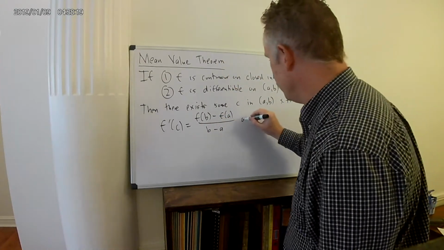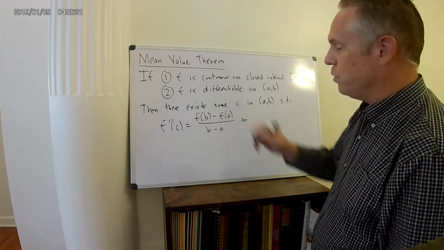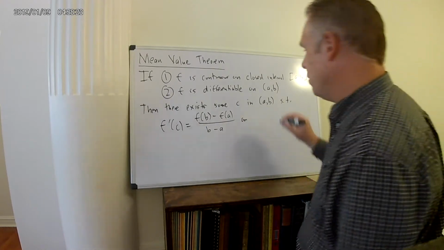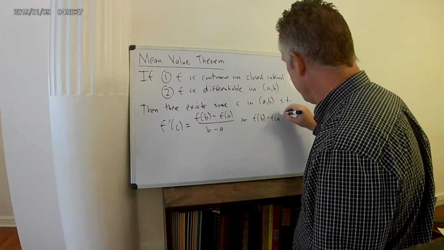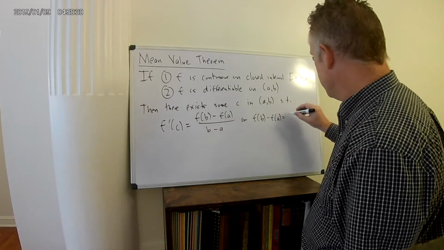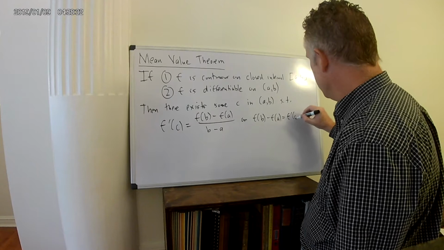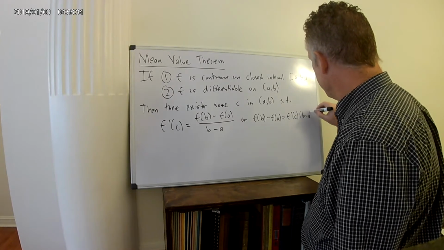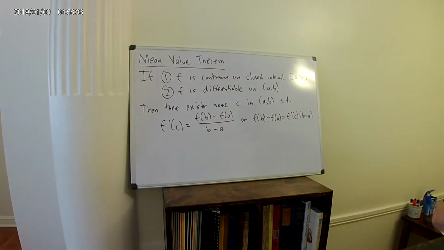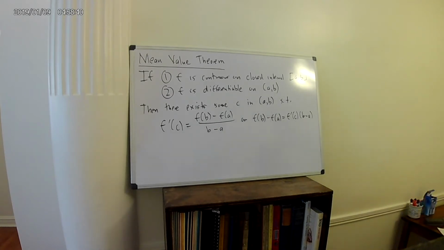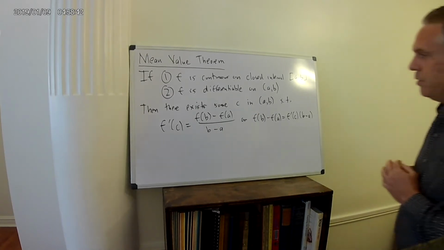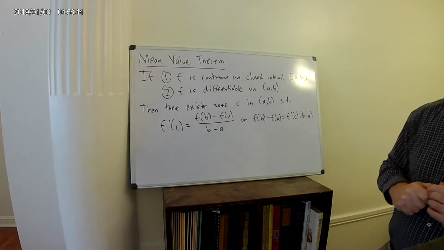Or if we do a little algebraic manipulation, we could rewrite this as f of b minus f of a equals f prime of c times b minus a. Okay, so this is the mean value theorem. Again, we're not going to prove this, but we'll talk about the reasonableness of it.